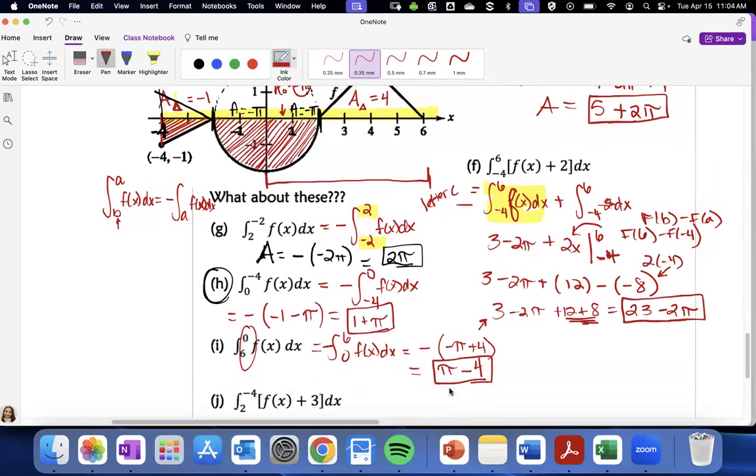Do the last one. Go ahead and do J. Do letter J. You'll have a choice how you want to proceed with this one because you'll have to do some geometry and the fundamental theorem of calculus.